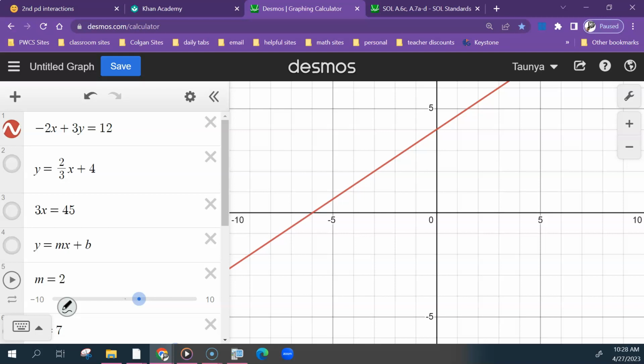So y-intercept at 4, slope looks like it's going down 2 to the left 3. So that would give me this equation, y equals 2/3 x plus 4. So that's what your solve for y equation should be. If it was solved for x, it'd be a little different, because you'd be able to find your x-intercept, but not necessarily the rest of it.